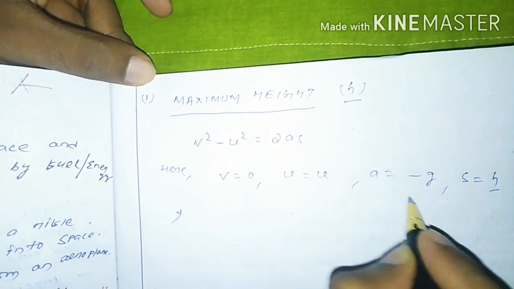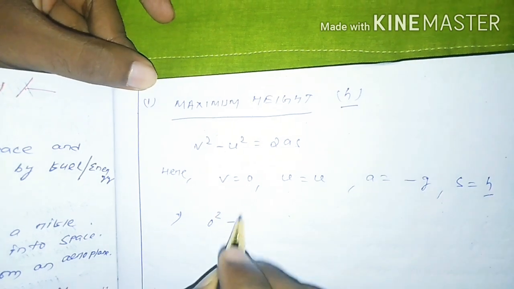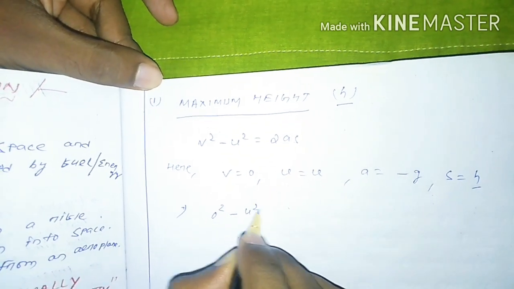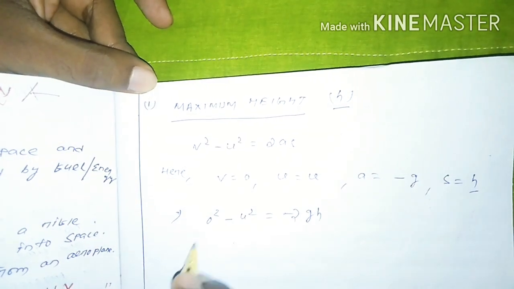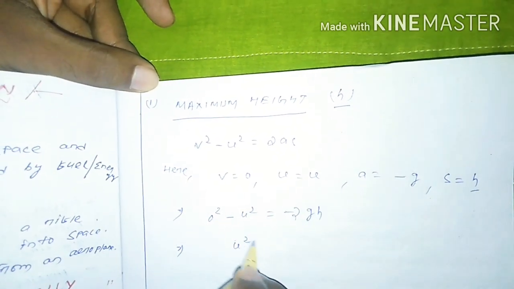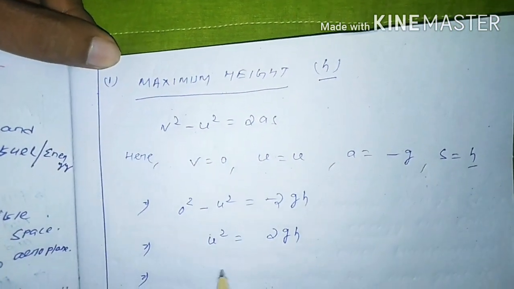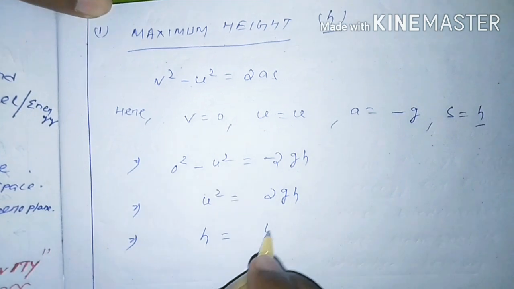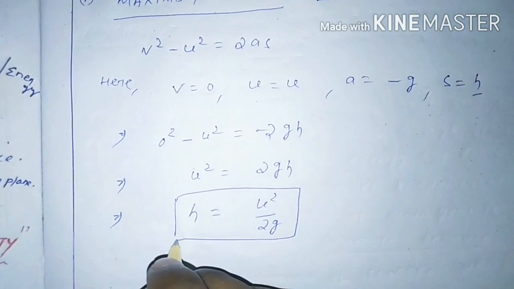Putting these values in this equation, we get 0 square minus u square equals minus 2gh, or u square is equal to 2gh, or h is equal to u square by 2g. That is important.